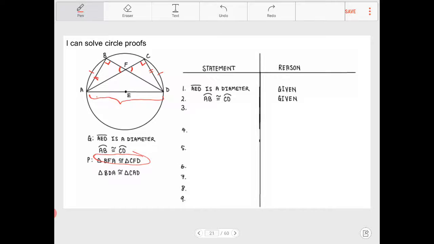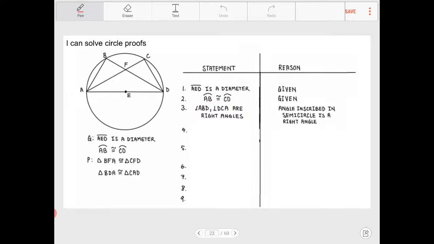So one of the first things that we had established was that angle ABD, I did not say this first, actually I said this later on in the proof, but this does not require any prerequisite information that's not already present in the proof. So angle ABD and angle BCA are right angles because an angle inscribed in a semicircle is a right angle.